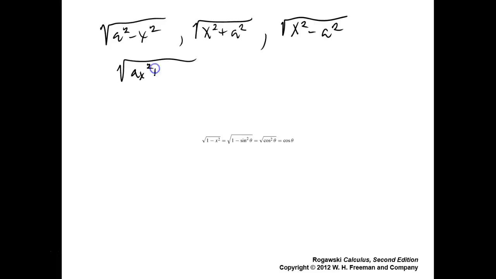Okay. ax squared plus bx plus c. Now, of course, you're familiar with that, right? Standard form for a quadratic expression or equation. Maybe not quadratic function, but pretty close. Now, what we'll do with something like that is complete the square, and then you'll have something that looks like one of these forms. So, we have ways that we'll work with that as well.